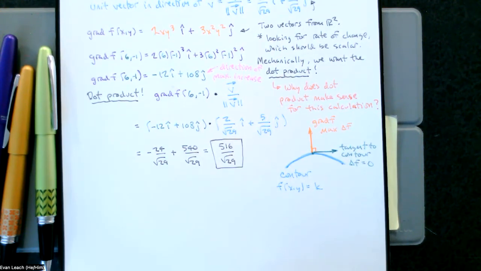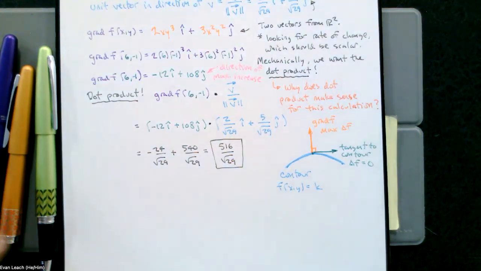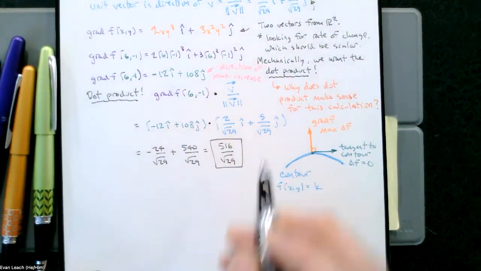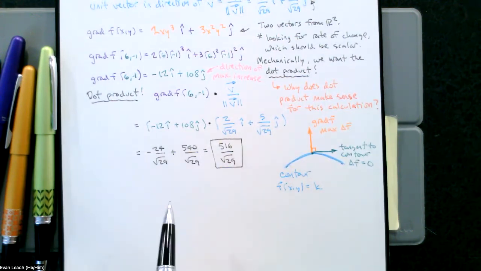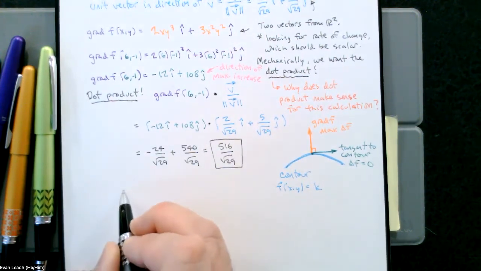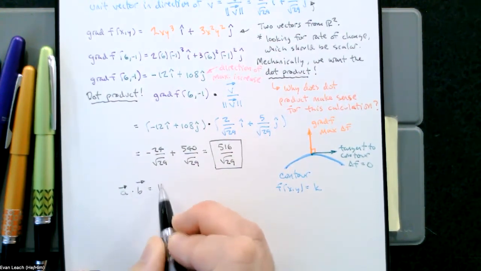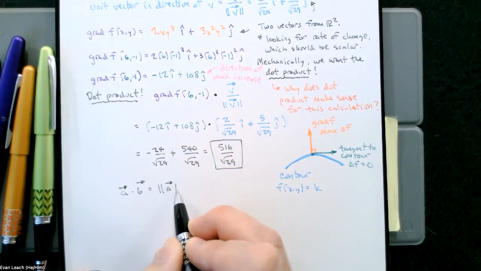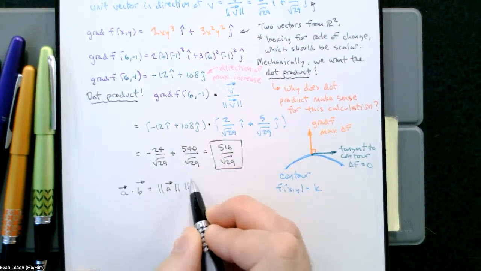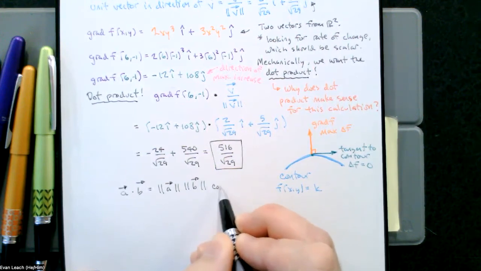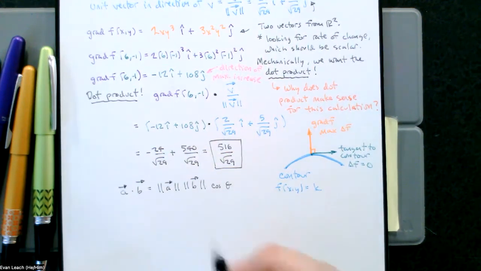We don't need to worry about the cosine because I don't know what the angle is between these two vectors, although we could figure it out at this point. We're not using the cosine because the cosine is contained in the dot product. I did the calculation by finding the sum of the products of the corresponding components, but A dot B is the magnitude of A times the magnitude of B times the cosine of the angle between the vectors.